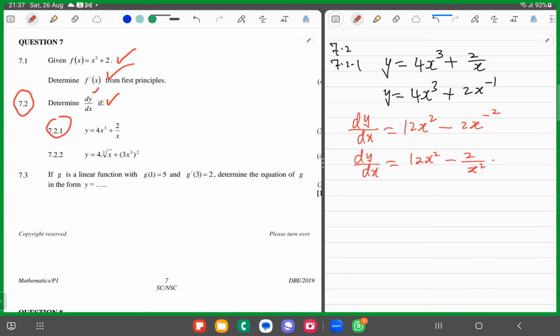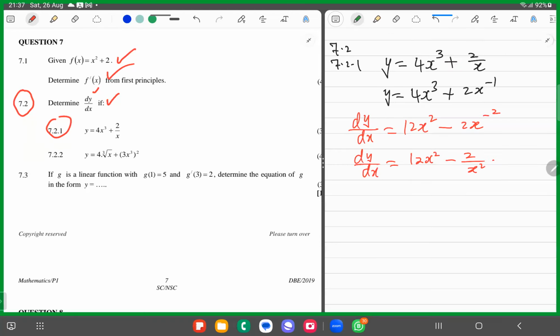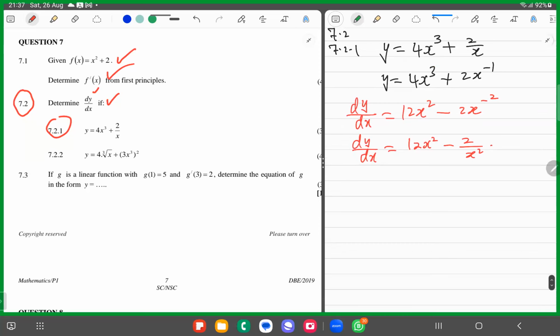Now we continue. So the next thing is to look at 7.2.2. We have y equals 4 multiplied by the cube root of x plus, open bracket, 3x cubed, and you square everything. What is this?